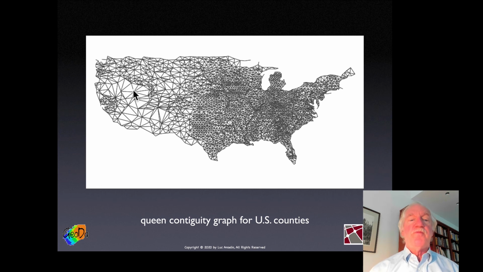In other words, these counties out west are much larger, a much sparser distribution. The counties out here in the east and in the Midwest have a much denser distribution. So in the lab notes, there are some illustrations of how you use this kind of information to assess the quality of your spatial weights.